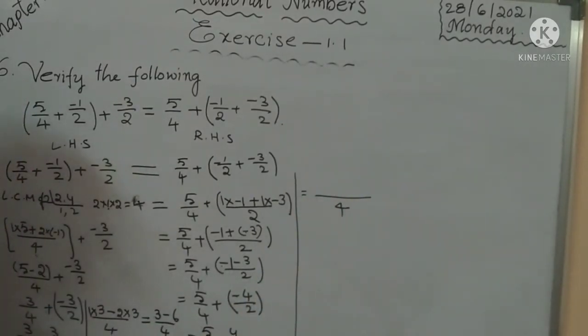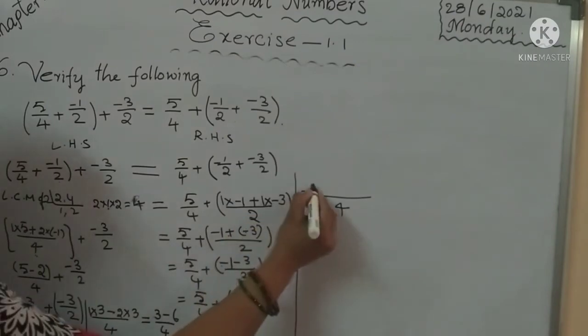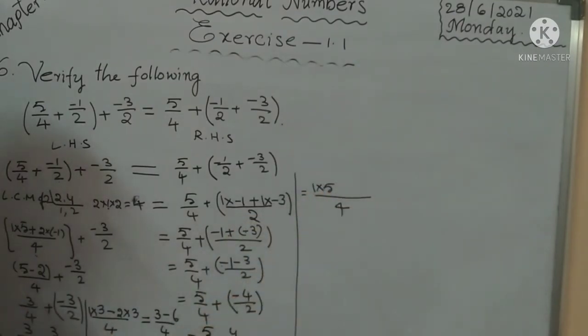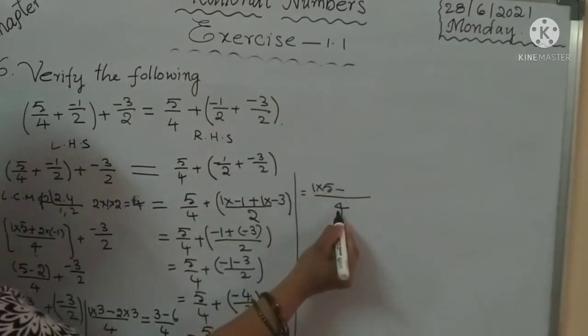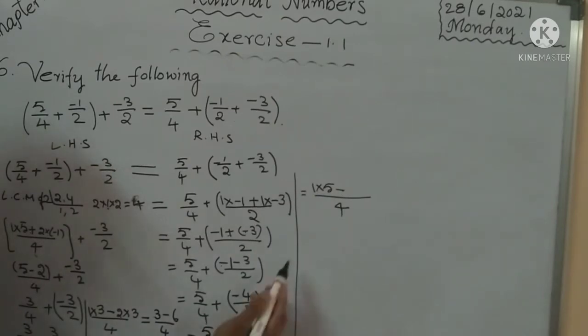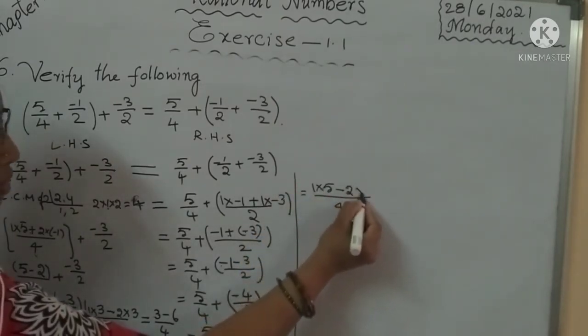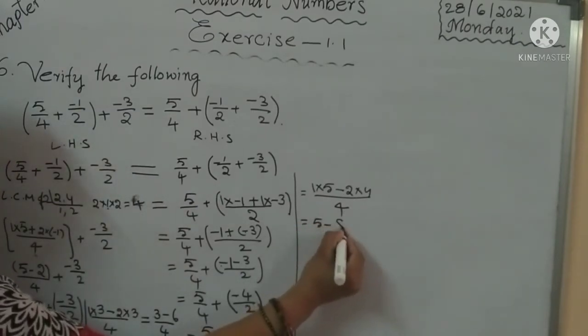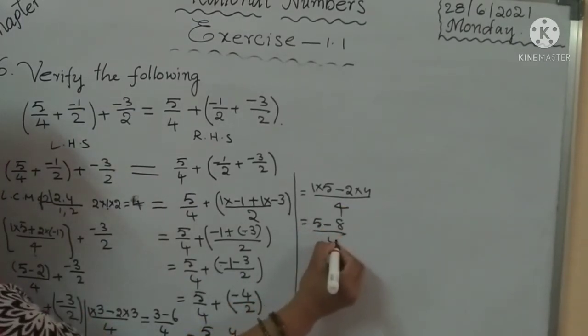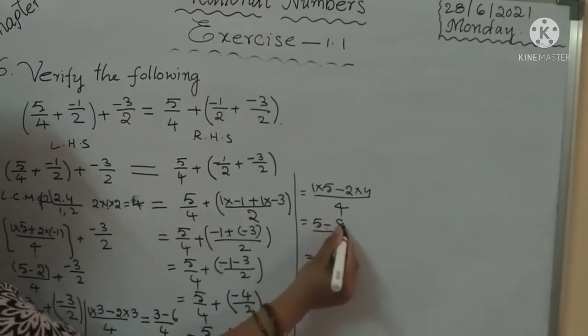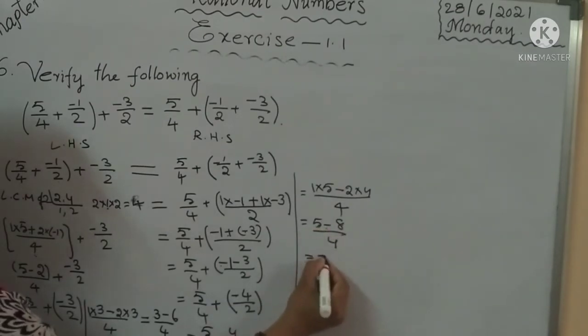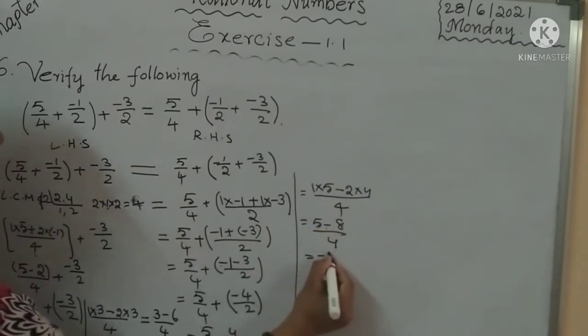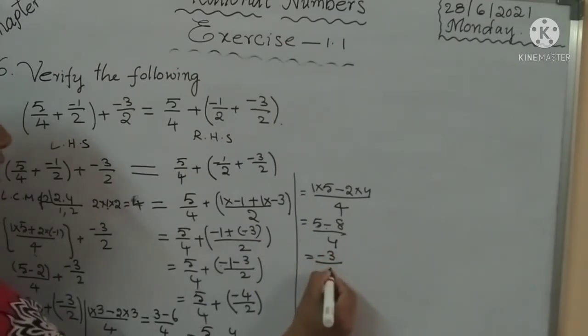So here 4 how many times is possible? 1 time. 1 into 5, minus 2 how many times is possible in 4? 2 times. 2 into 4. 5 ones are 5, minus 2 4s are 8, by 4. So here 5 minus 8. So we should write a symbol of minus, and 8 minus 5 is 3 by 4.